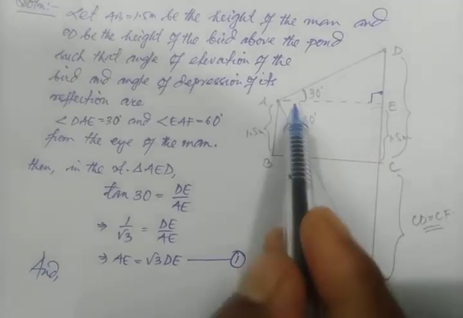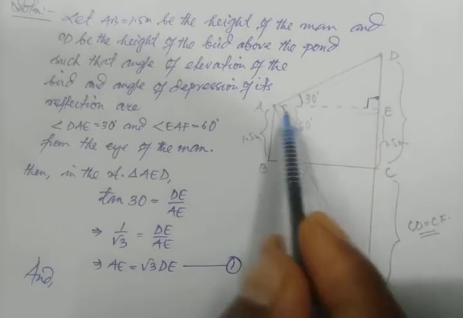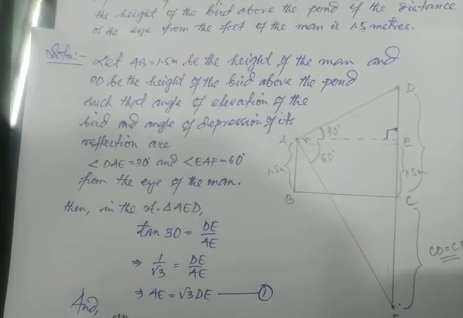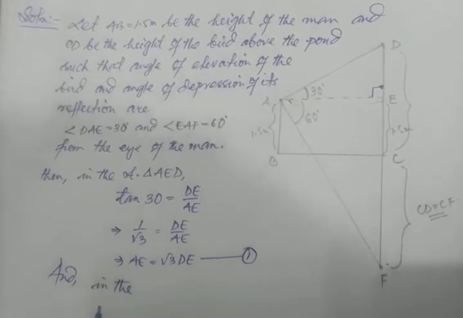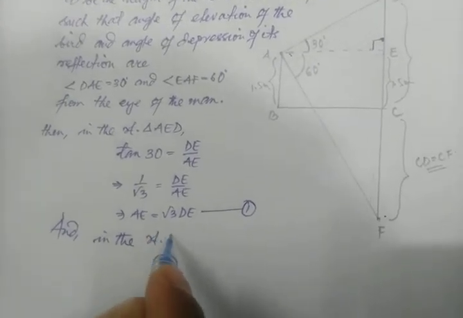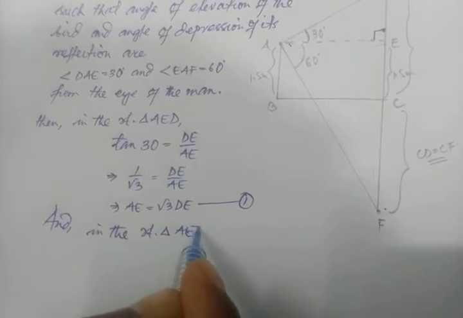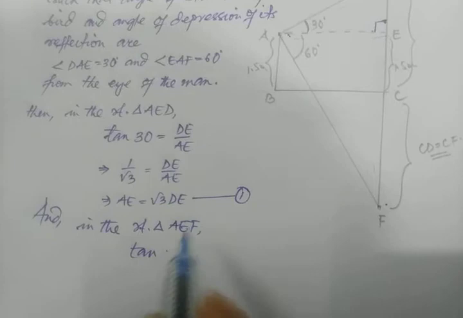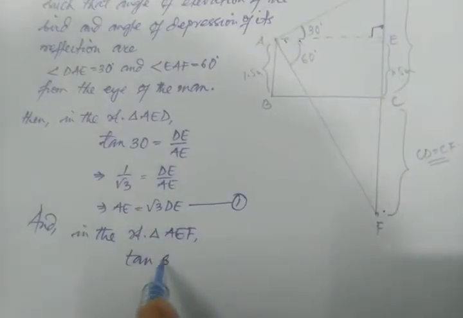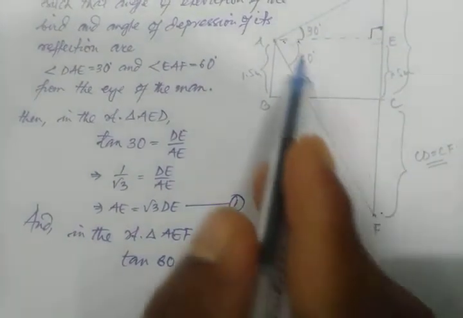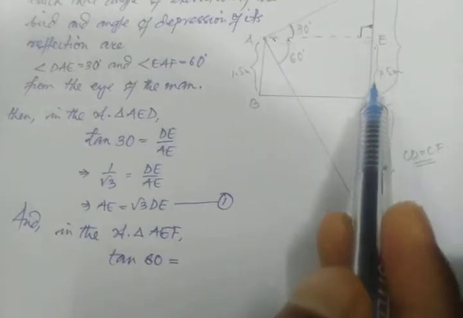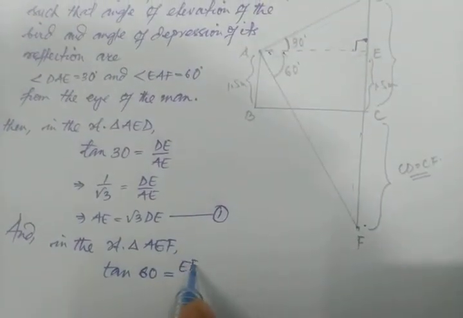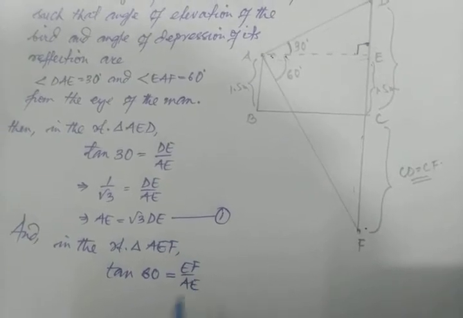And now let us go for the right triangle AEF, which is inverted. In the right triangle AEF, once again tan theta, that is 60 degree. In this triangle, perpendicular will be EF, the base is AE, EF by AE.